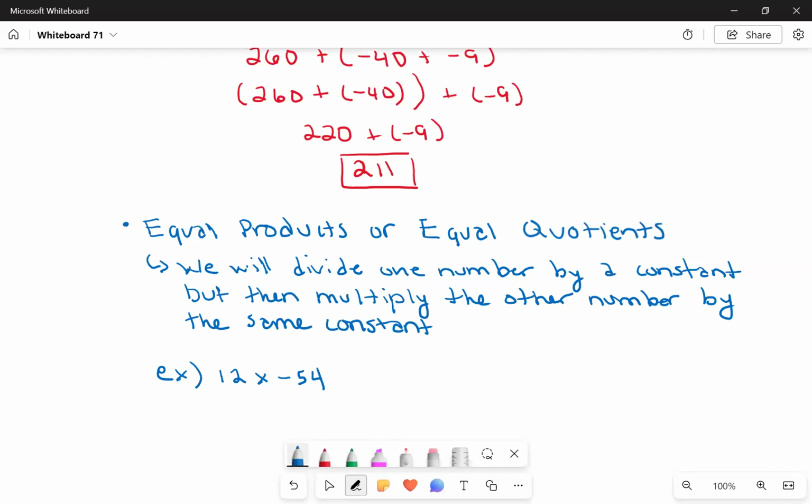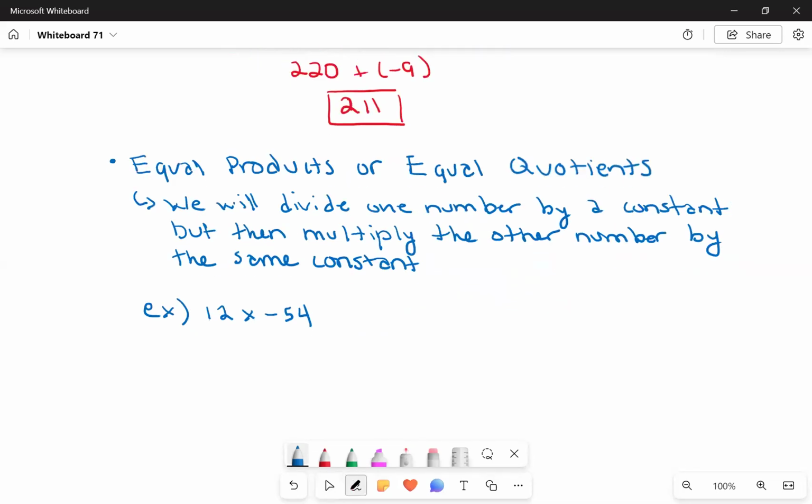But what I could do is break up 12 and think of it as 6 times 2. And that means I could divide 12 by 2, but then multiply the negative 54 by that 2. In other words, I'm taking that times 2 and applying it to the other number, because I should be able to do that in my head.